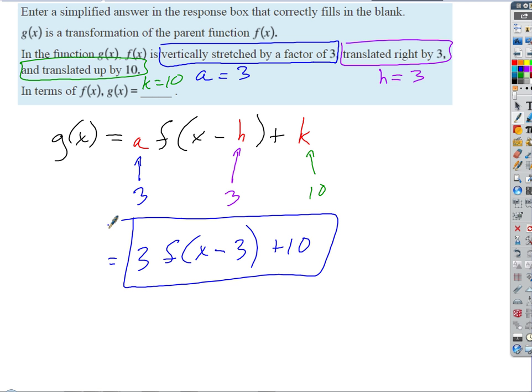That's all we can do. If it were a square root function, then we could put this into a square root function. Or if it were a power function, squared, that's fine, but it's not. That's all we can do right there. Okay, that's written in terms of f of x. Questions? Does that make sense?